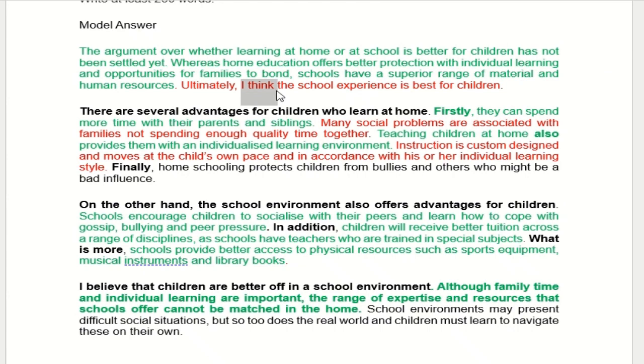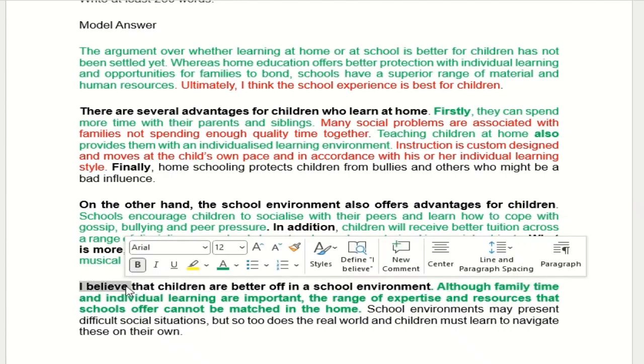Whereas in the case of general, or rather of academic writing, you wouldn't use I think. You would simply say ultimately the school experience is best for children. You could say it that way. And then also you can see in the final paragraph it says I believe.